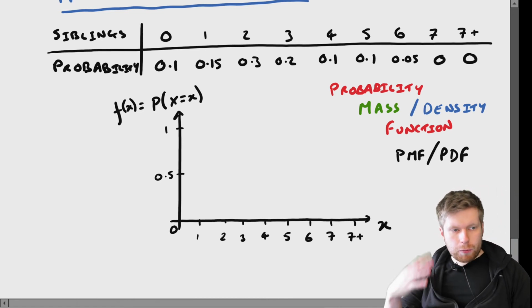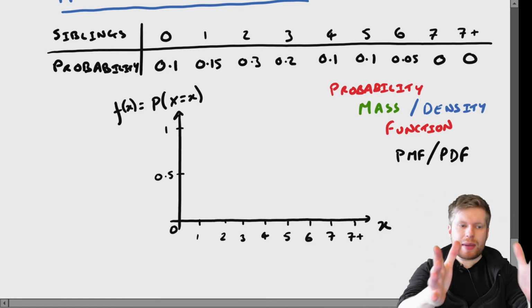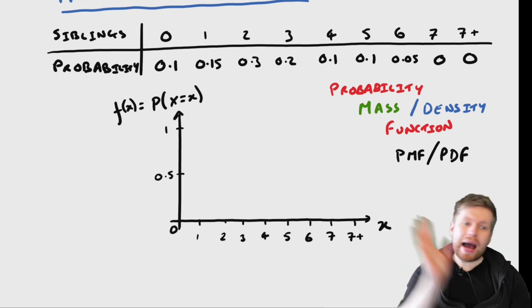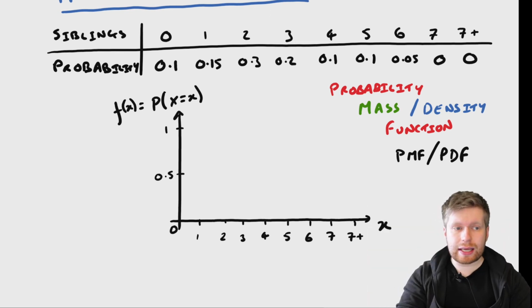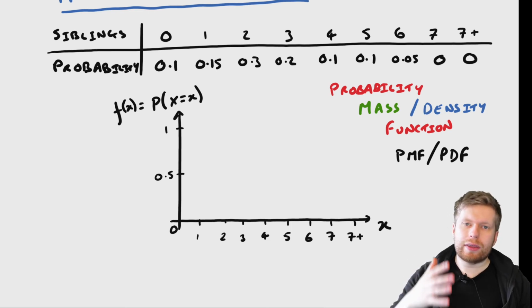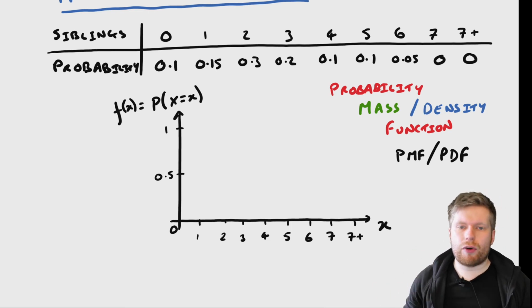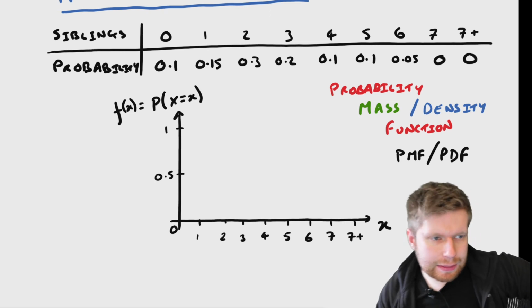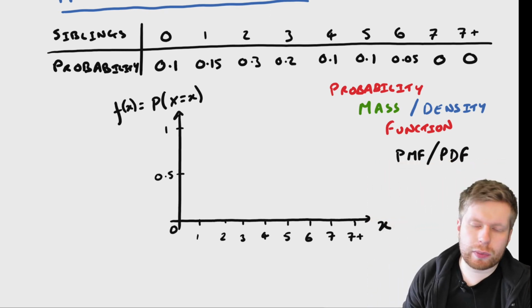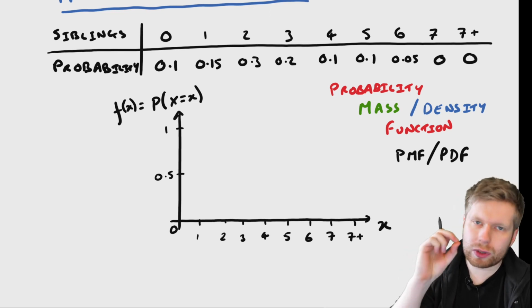So remember, a probability function is just simply saying, give me an outcome, I give you the associated probability. You call it a probability mass function if you're working with discrete data, and a probability density function if you're working with continuous random variables, okay? So in this case, all we're going to do is just simply plot the probability mass function. We're not actually going to come up with a formula that will tell us that.